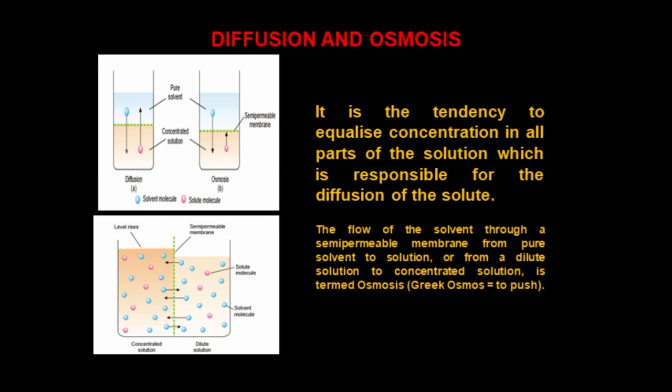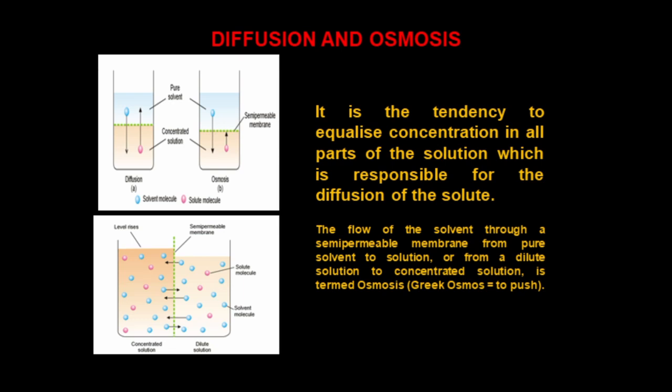In this case, the potassium permanganate is not allowed to move from the lower phase to the upper phase. This is called osmosis. That is, osmosis is nothing but the flow of solvent through a semi-permeable membrane from a pure solvent region to the concentrated solution region.